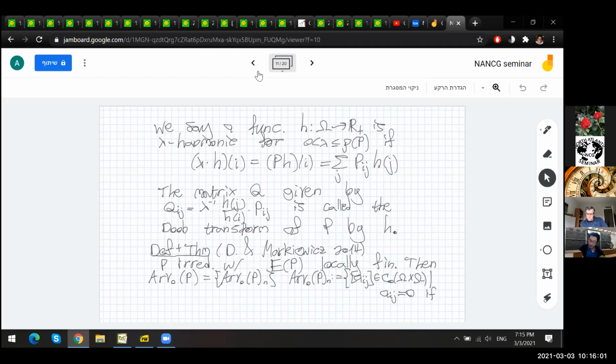So A_ij is equal to 0 if ij is not an edge in the graph of P^n. Okay? So their support is contained in the support of P^n.